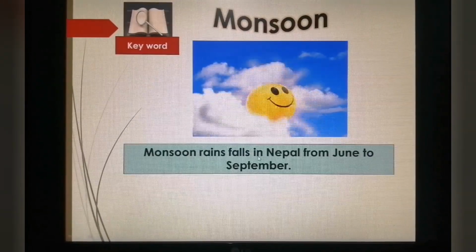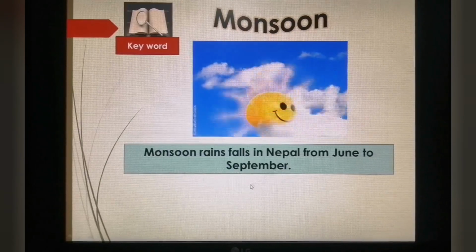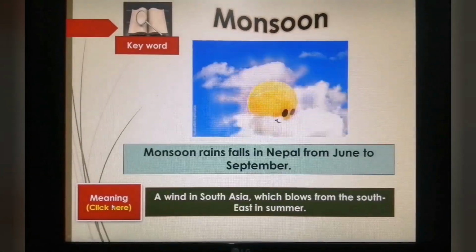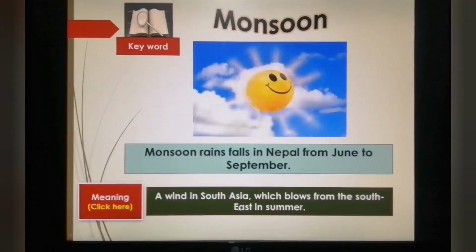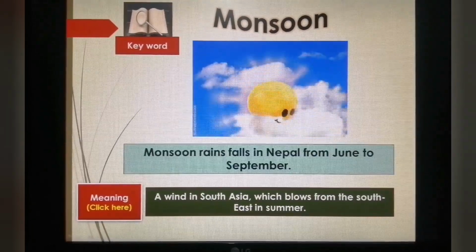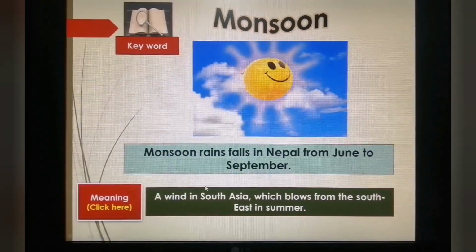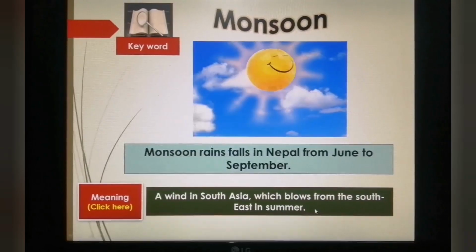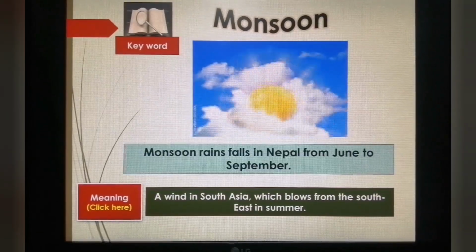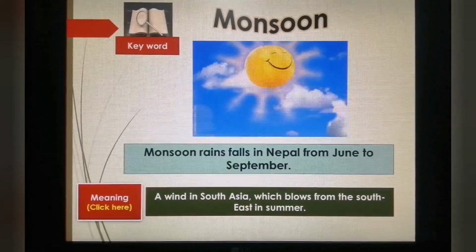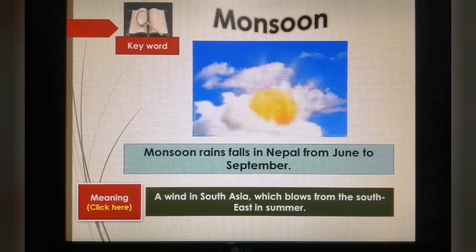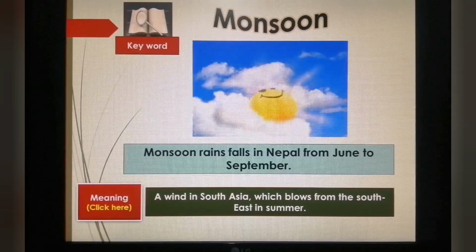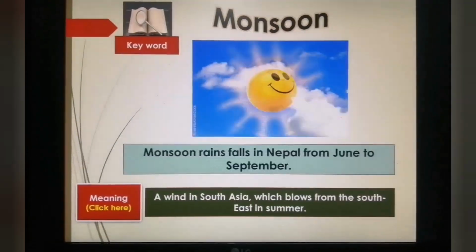Monsoon rains fall in Nepal from June to September. So monsoon means a wind in South Asia which blows from the southwest in summer. When does the monsoon wind blow? Yes, the monsoon wind blows in summer.